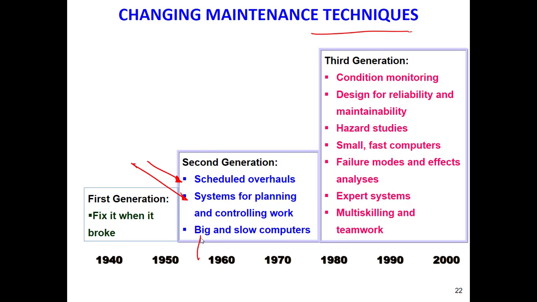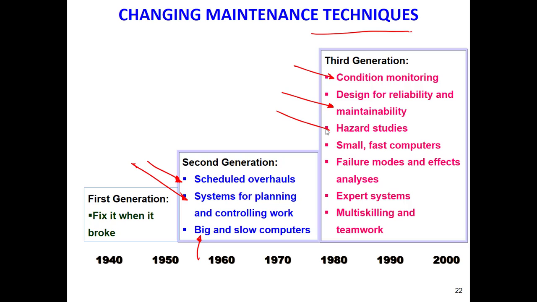But in the third generation, we had more technology and more instruments that we could use to monitor the condition of the equipment. There were many technologies and software that you could use to design the maintenance work.